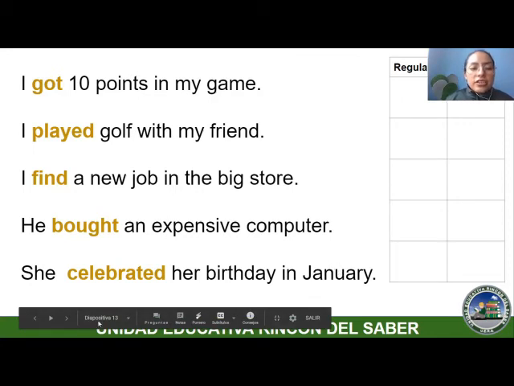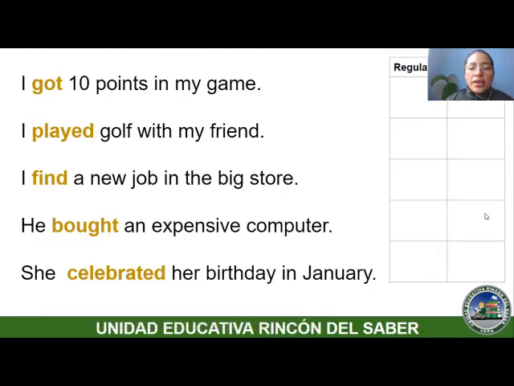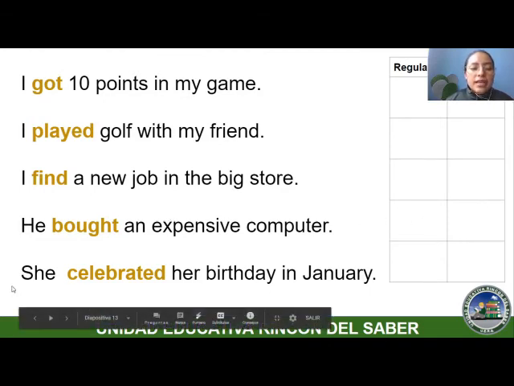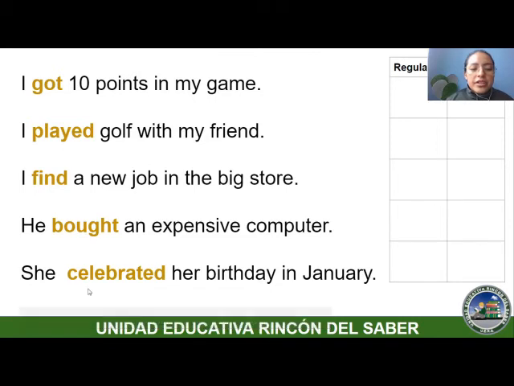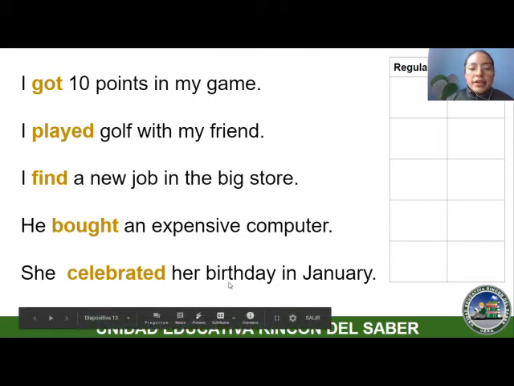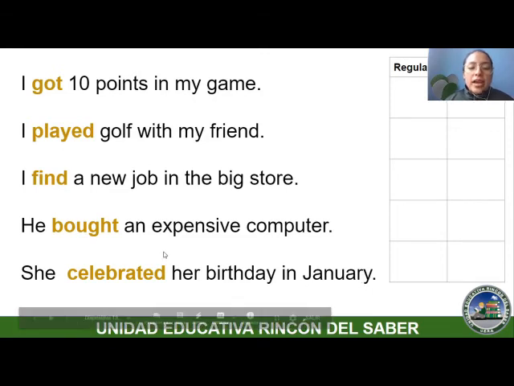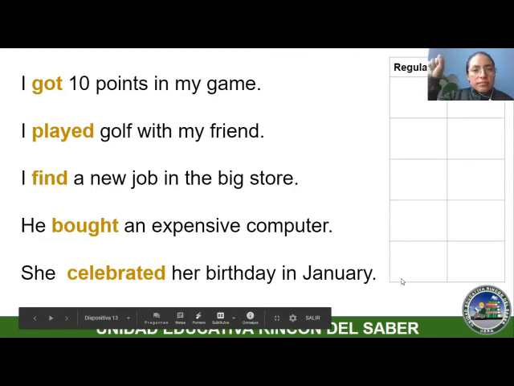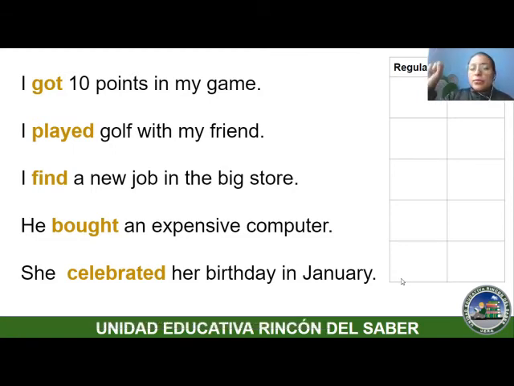Okay, according to the verb, va a poner un visto si el verbo es regular o irregular. Next, she celebrated her birthday in January. According to the verb, regular, irregular, put a tick.